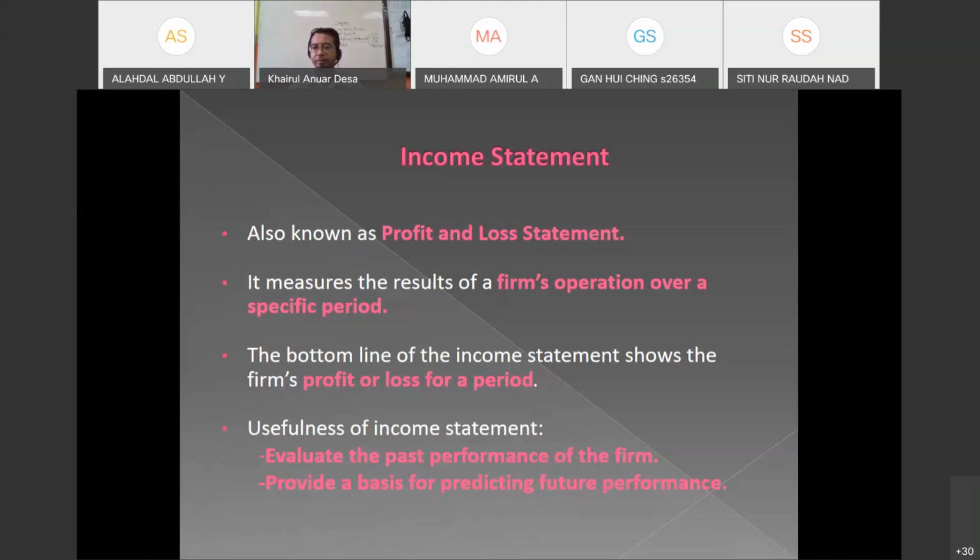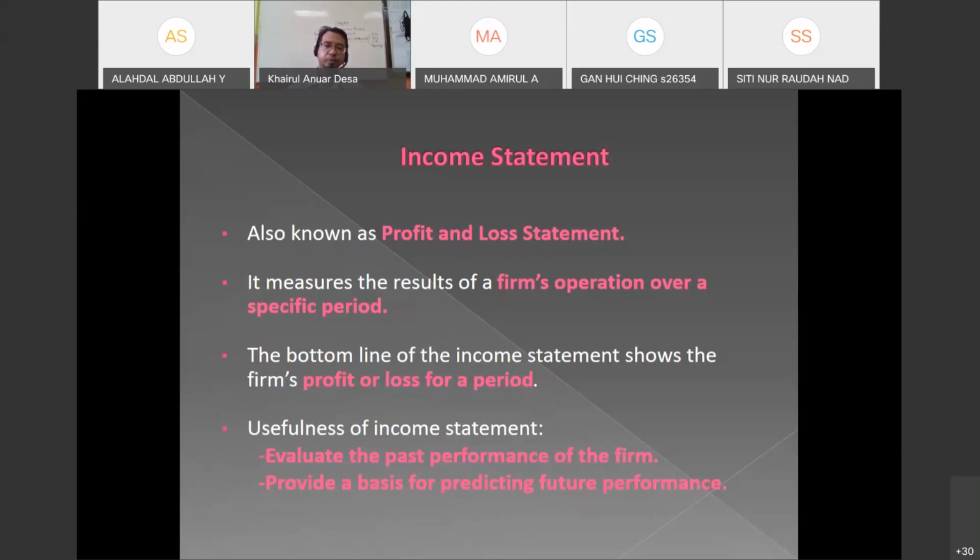Setakat itu boleh ikut? Risau saya kalau tak boleh ikut. So what is the income statement? Okay, to evaluate the past 1 year performance of the company.